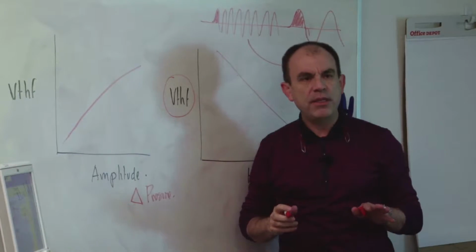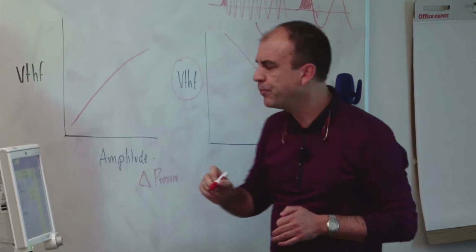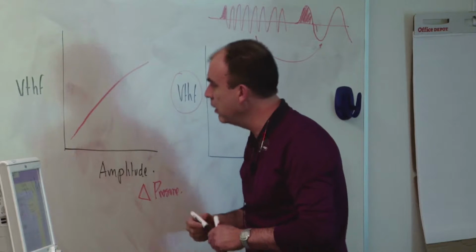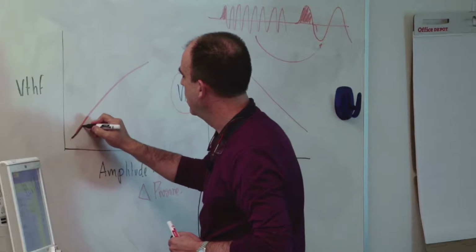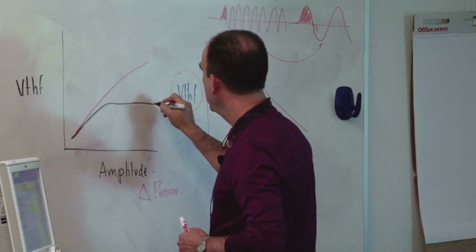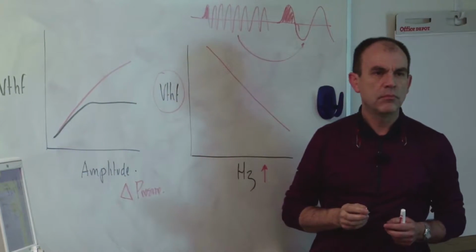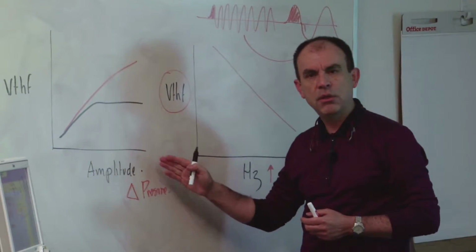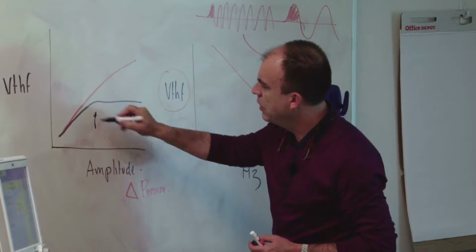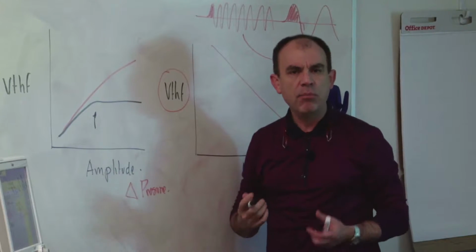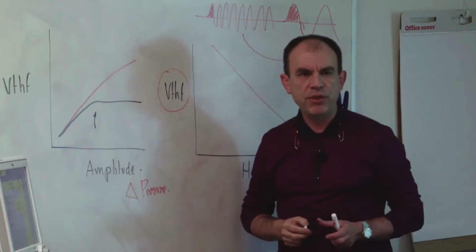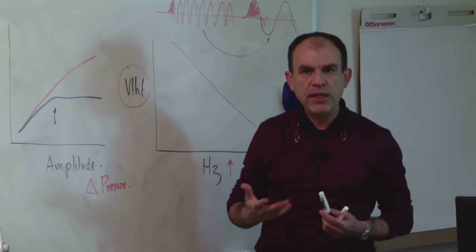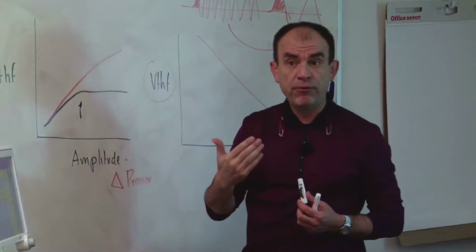But in these type of ventilators, and particularly in this one, you will see something like this. And you reach a plateau where even if you increase the amplitude above a certain point, you won't get any increase in VTHF. So you've kind of maxed out the ventilator for that particular frequency.